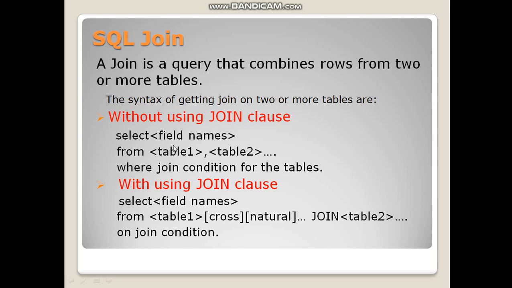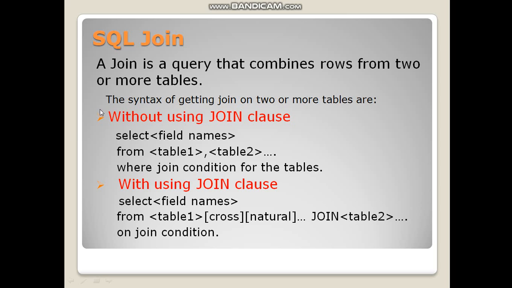If you write star, then all the fields from both tables will be displayed. From table 1, comma table 2, dot dot dot, because you can join more than two tables. Where join conditions for the tables. If I don't give the join conditions, then you will get all the records in the data.